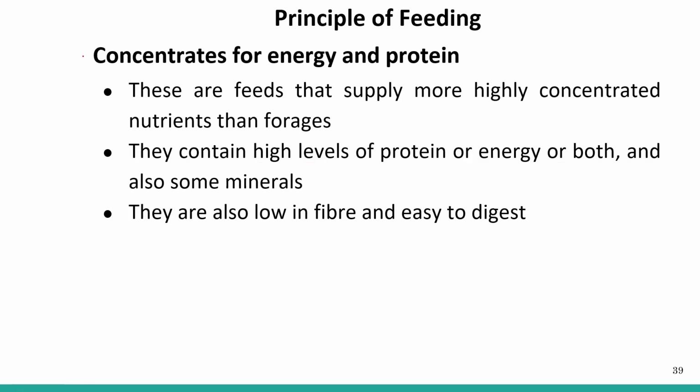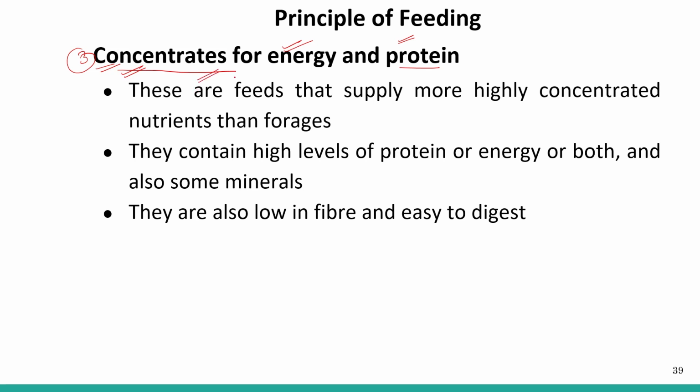The third type is concentrates for energy and protein. Along with the supplementary forage, concentrates are also there to provide energy and protein. Supplementary forage also provides energy and protein, but concentrates are also added to the feeds when the animals are fed.